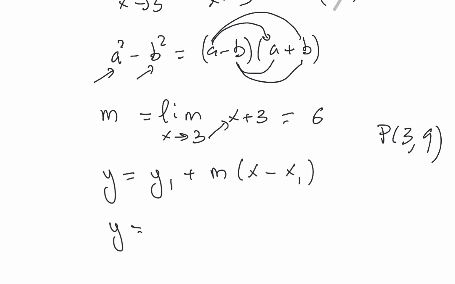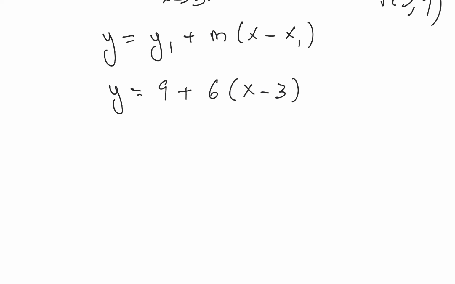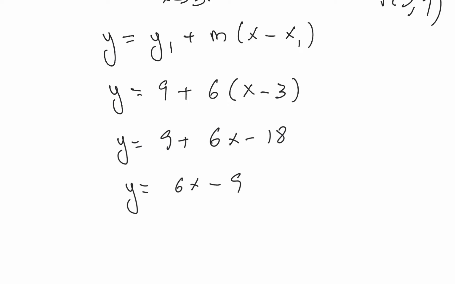So y is 9 plus m multiplied by x minus x1. x1 is 3. So if we solve a little bit, it would be 9 plus 6x minus 18, or y equals 6x minus 9.